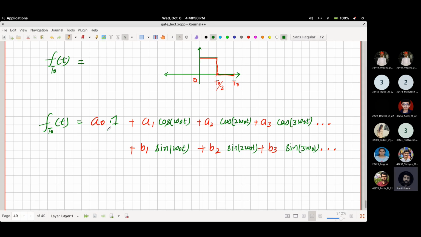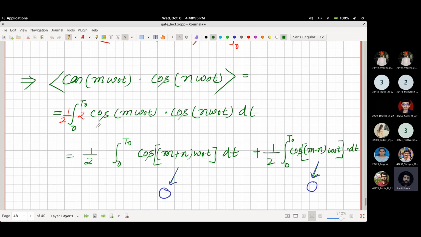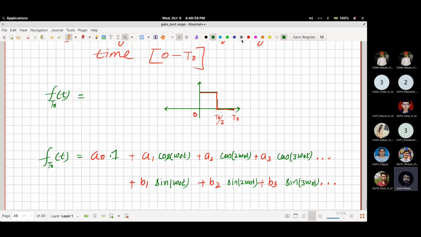And what are a1 and a0? As I told you before, let me write it here only, in a square bracket so you can understand it's a kind of other discussion.